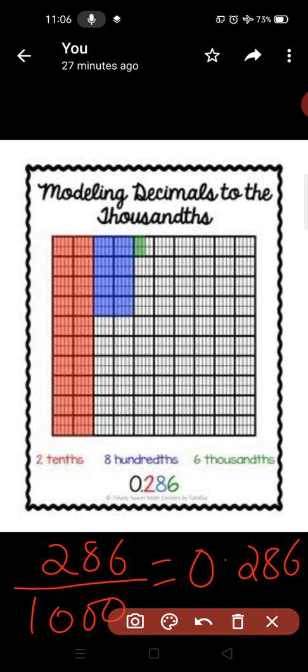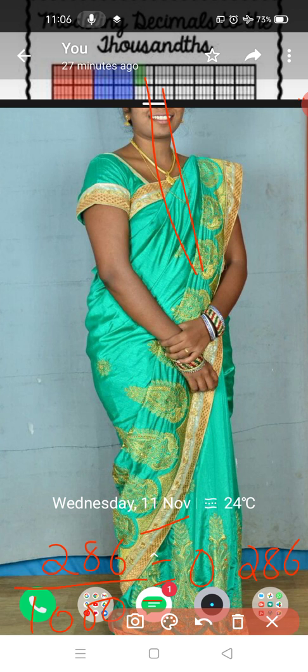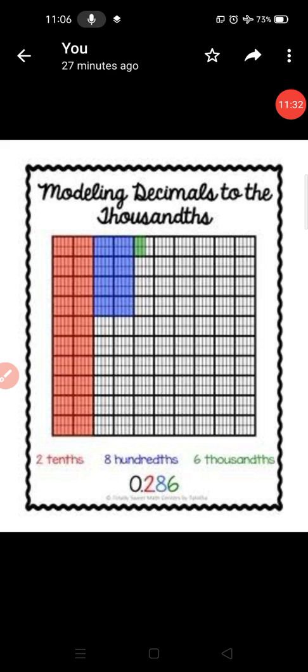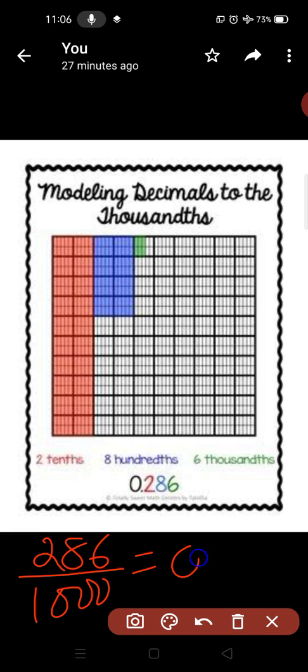Here we have 3 digits in the denominator and the numerator also has 3 digits, meaning 3 zeros in the denominator and 3 digits in the numerator. So we will write 286 by 1000 as 0.286. This is the way to represent decimal numbers. Okay.